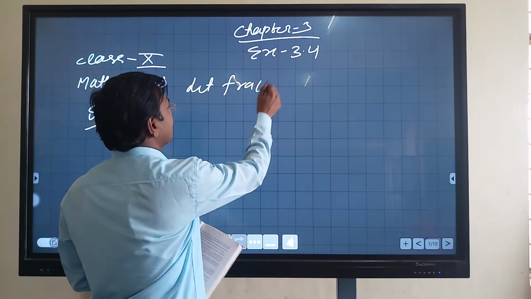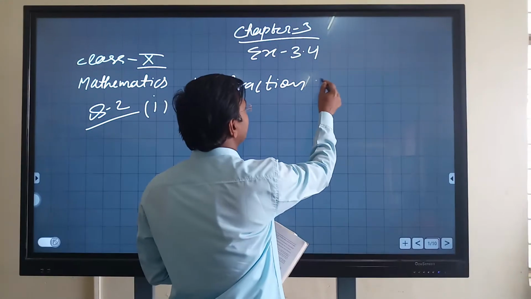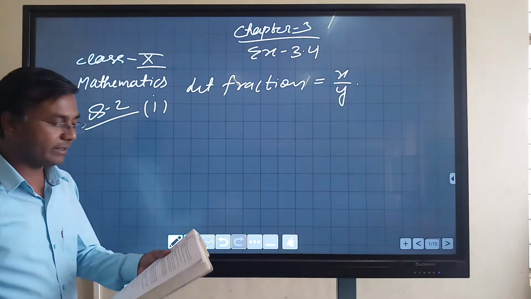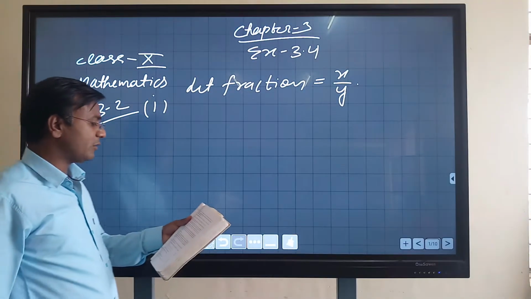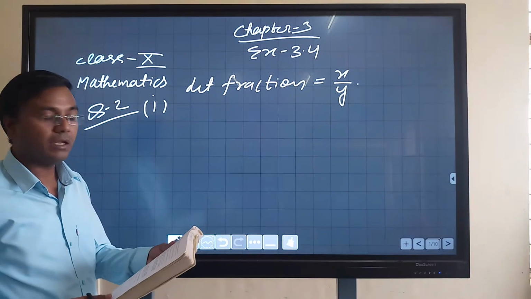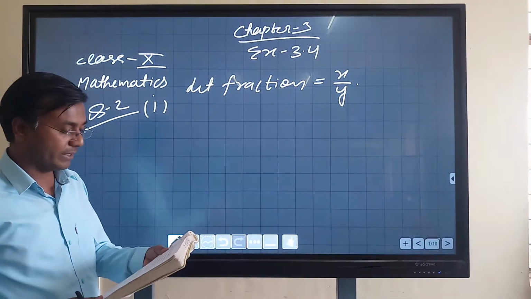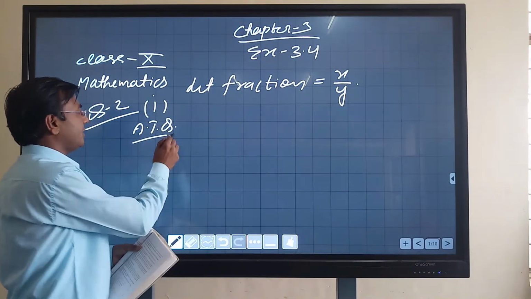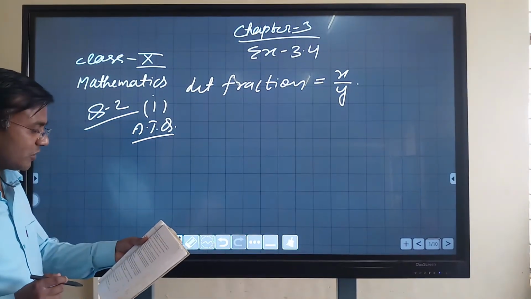So this is the very first step, that you have to assume the fraction as x by y. Okay, now read the question. If we add 1 to the numerator and subtract 1 from the denominator, a fraction reduces to 1. So according to the question, there is no identity, we will use directly the condition.